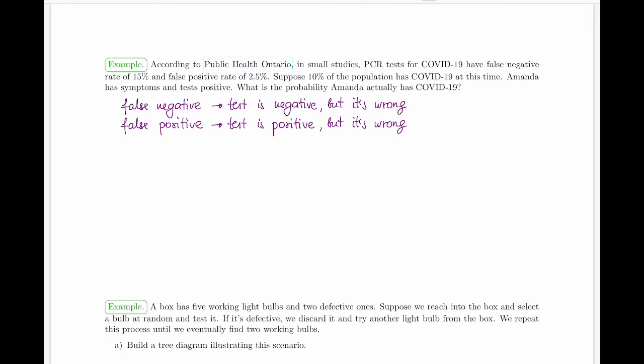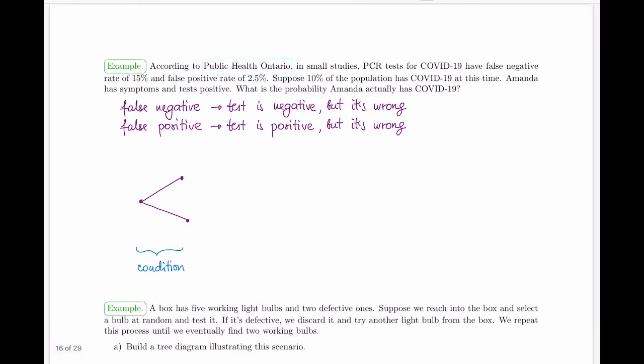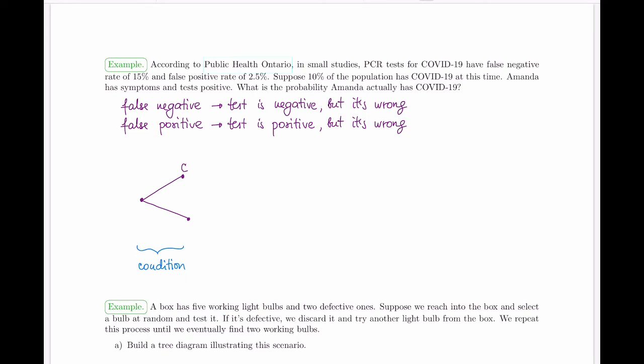So let's construct a tree diagram for this situation. At the first vertex, we're going to specify the condition. So a person has COVID or does not. My first branch here, let me label it right away, will correspond to the condition: COVID, let's say C, and not COVID, let's say not C. I am assuming that 10% of the population has COVID.